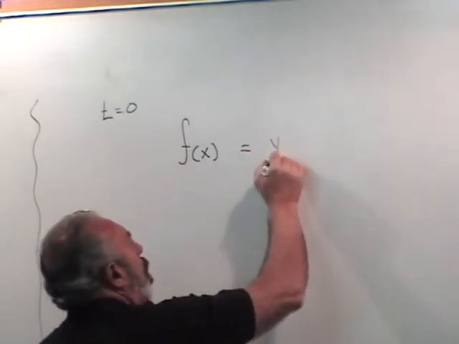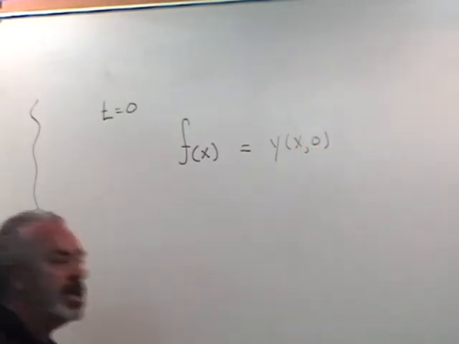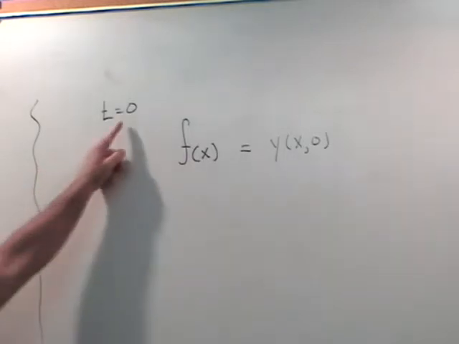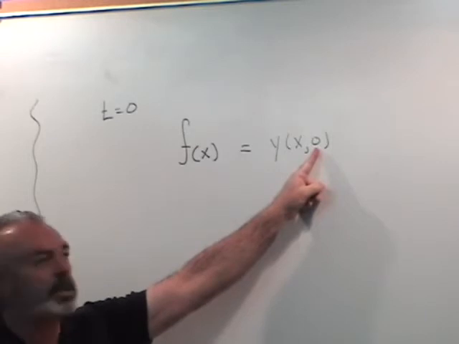That is y of x and 0, t equals 0. Waveforms actually are two-dimensional things. They are a function of position and time. They vary in time, so they have actually two dimensions. But when we freeze time, t equals 0, I specifically indicate that with a 0 here, but that's the place for the time dimension.